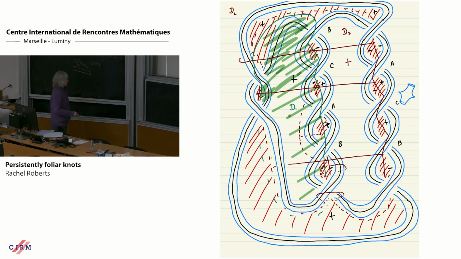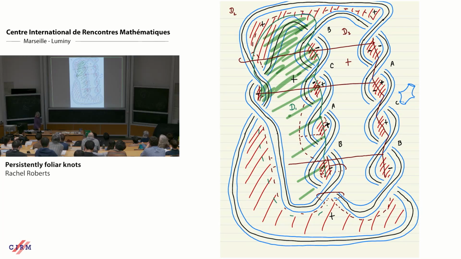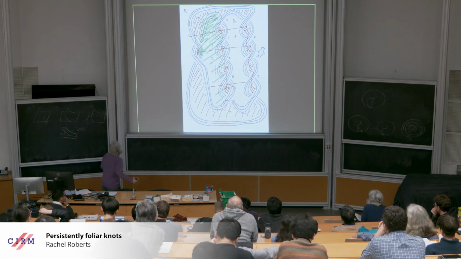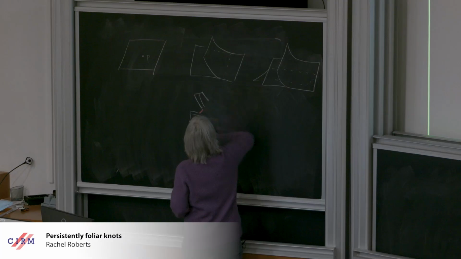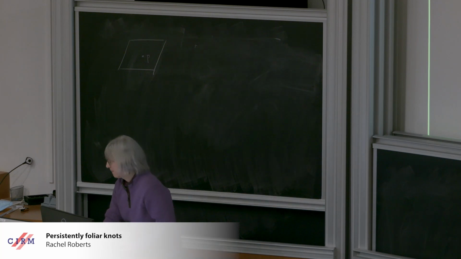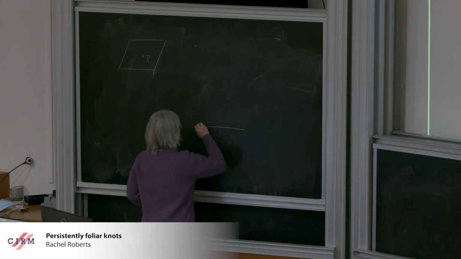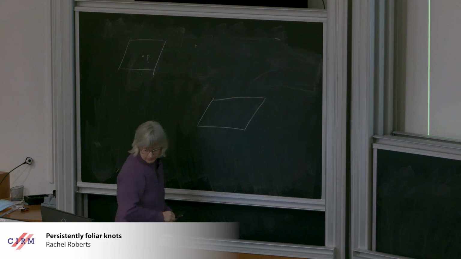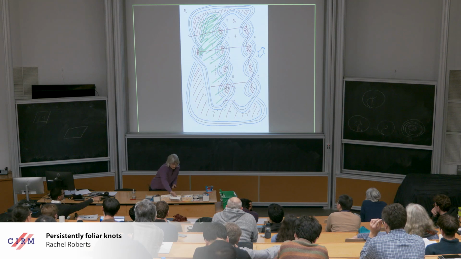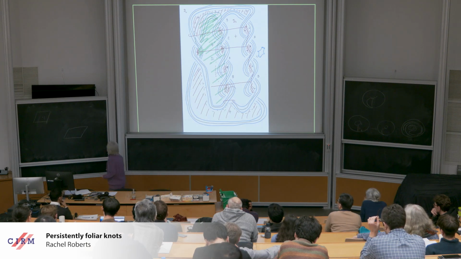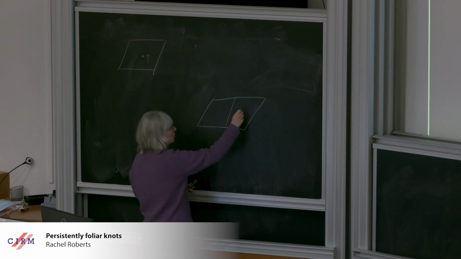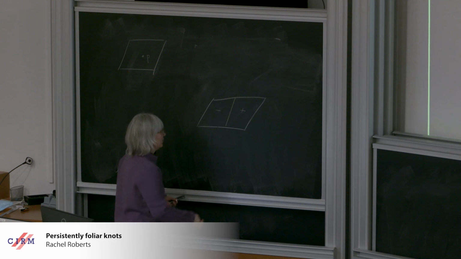So if you think about what that means, I've got a little piece of my spanning surface. I've got this green disk that's entering in, and it's slicing through, and on one side I've got my co-orientation plus. On the other side I have a minus.